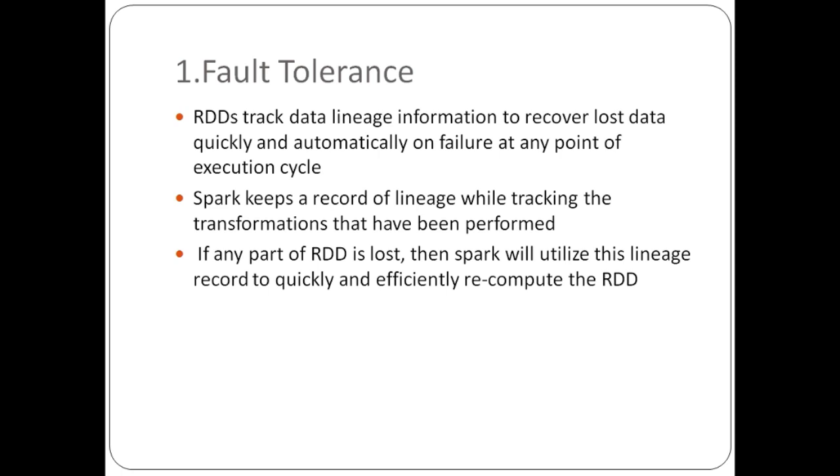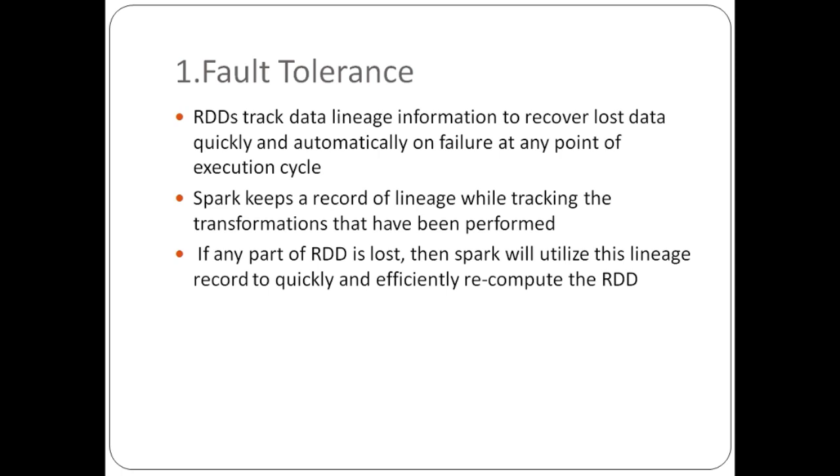If any part of the RDD is lost, then Spark will utilize the lineage record to quickly and efficiently recompute the RDD. In between, while a transformation is in progress, if some data is lost, Spark will utilize the lineage graph to recompute and recover that loss.